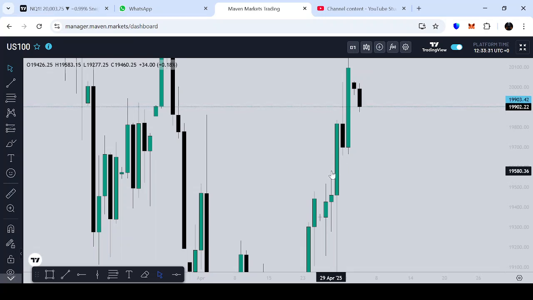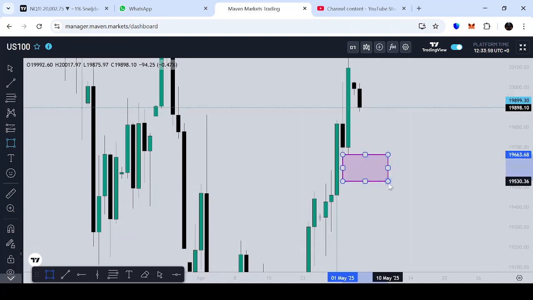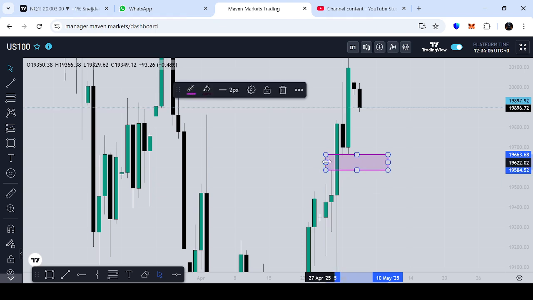The gap between the April 29 high and the May 1st low, the low of that week's candle, and the high of this bullish April 29 candle. That's the inefficiency, the fair value gap. You're measuring from the May 1st low to the April 29 high.